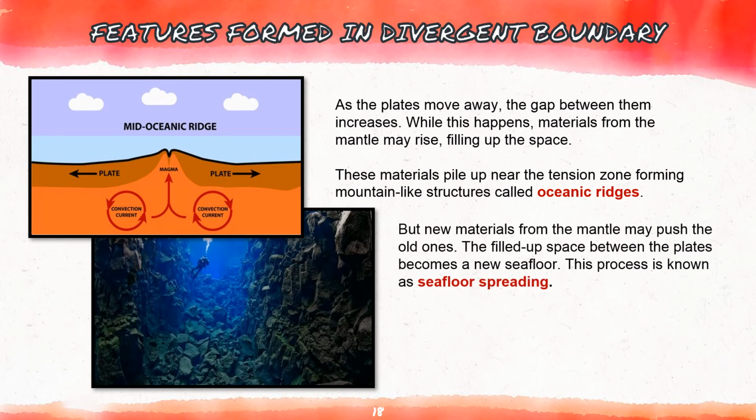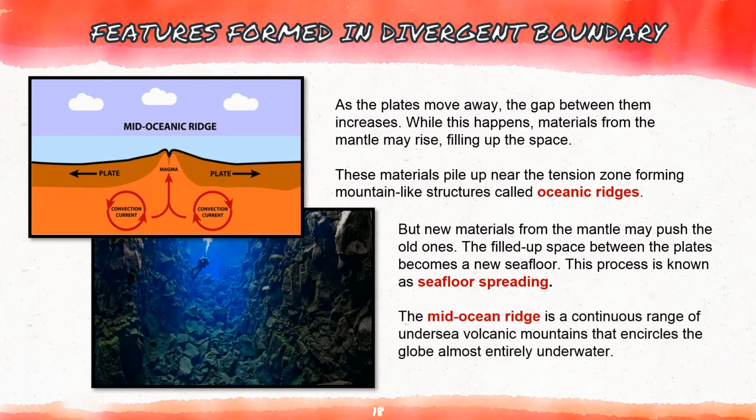New material from the mantle may push the old ones. They fill up the space between the plates and become a new seafloor. This process is known as seafloor spreading. Now, the mid-ocean ridge is a continuous range of undersea volcanic mountains that encircles the globe almost entirely underwater.